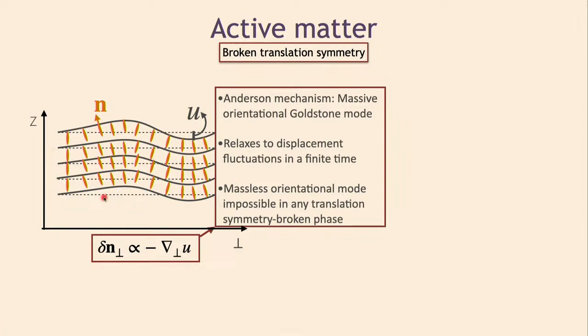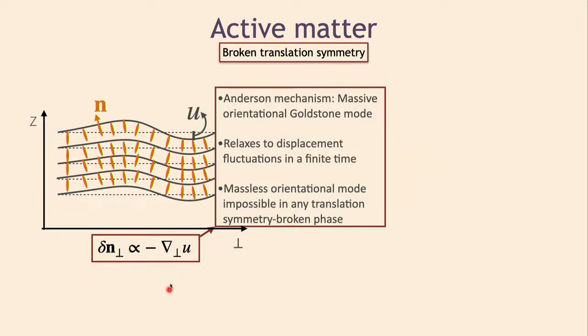So what this Anderson mechanism tells you, which is a fancy way of saying what I just said earlier, is that if you try to tilt these director fields, because of the coupling between the layers and the director, that corresponds to a tilt of the layers themselves. So delta n perp, which would have been the soft mode of a director in a nematic, is now proportional to del perp u, where del perp u is the local tilt of the layers.